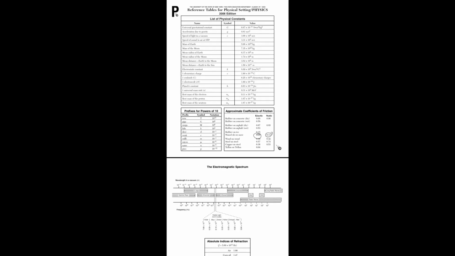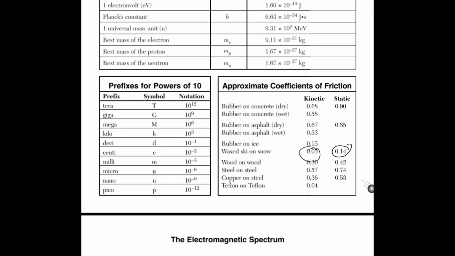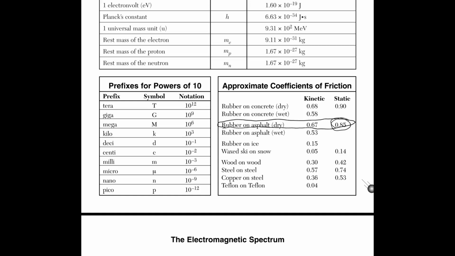Let's see. Dry asphalt and rubber. So that was from the wax ski on snow problem. Dry asphalt is right here. Are we looking for static or kinetic, people? We want to know what the static coefficient is, 0.85, because it starts at rest. So 0.85.